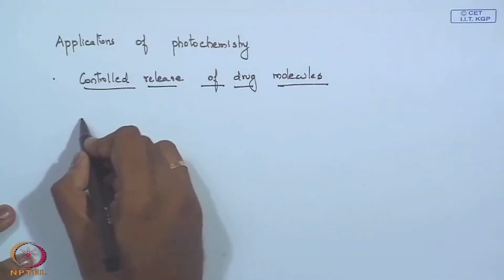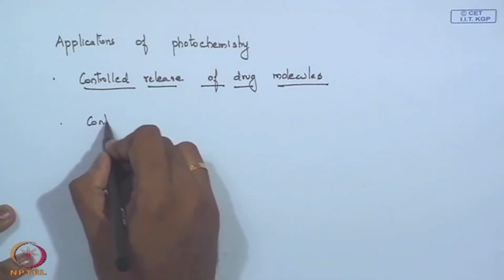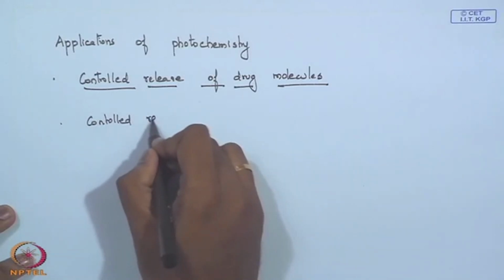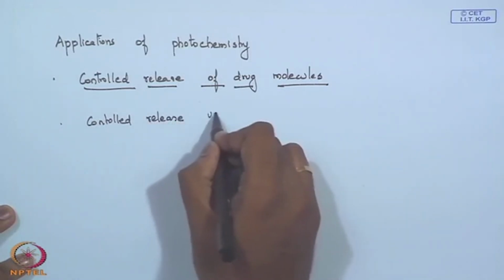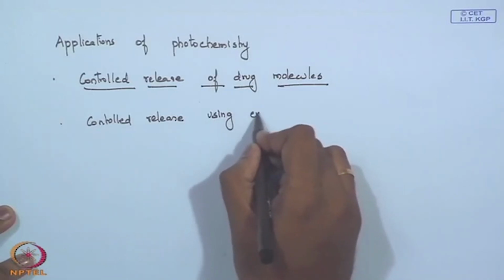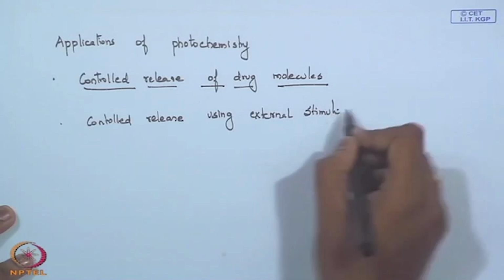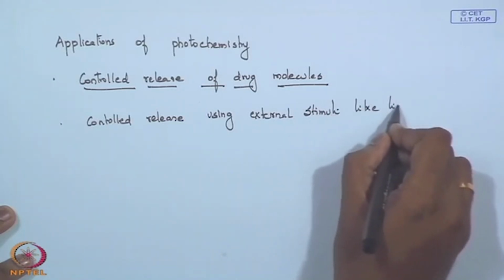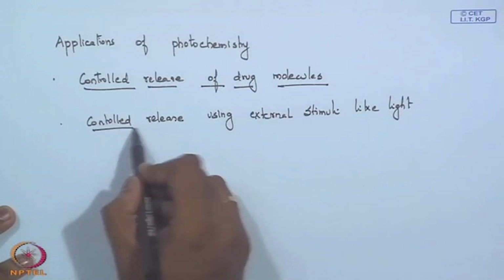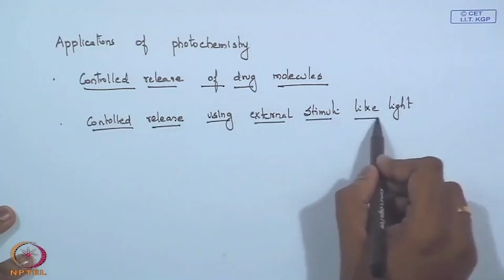Now, for the last few years, using light as an external stimulus has become very interesting in the controlled delivery of active molecules. So, controlled release using external stimuli like light has become really interesting nowadays.